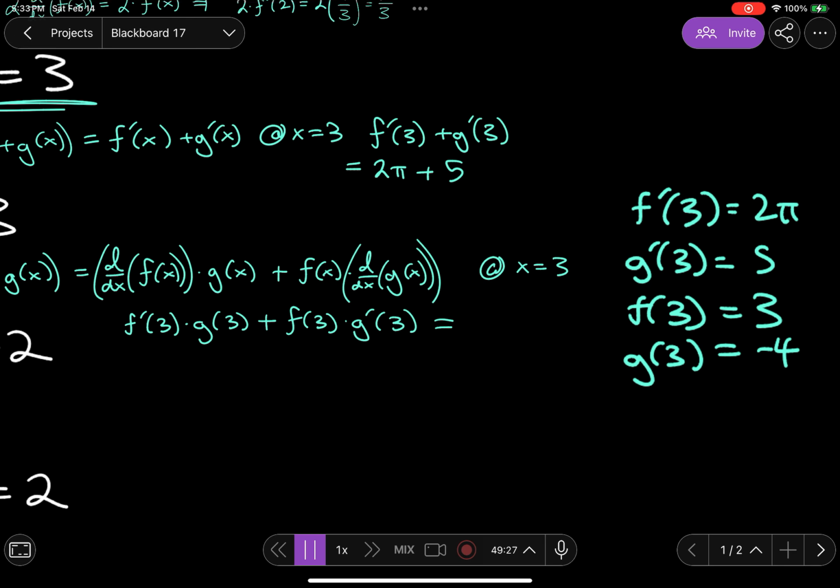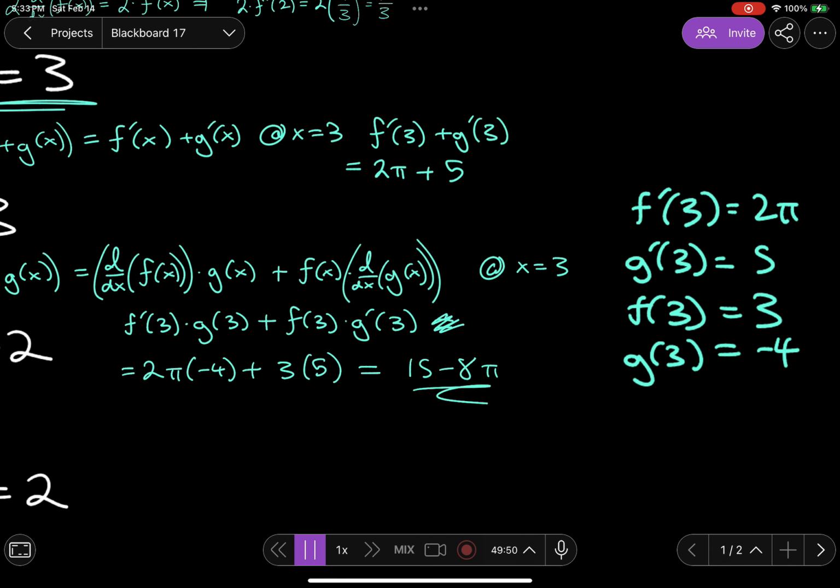That's easy. So it looks like I got 2 pi times g of 3, -4, plus f of 3, that's 3, times g prime of 3, that's 5. And this is the same thing as 15 minus 8 pi.